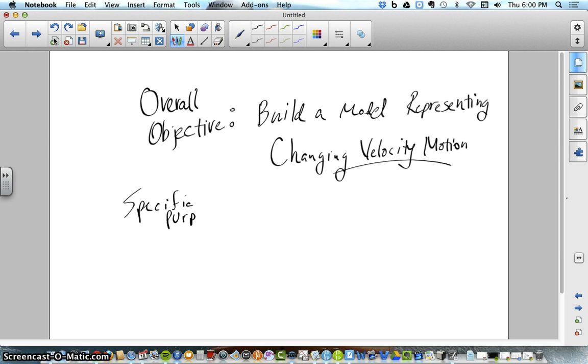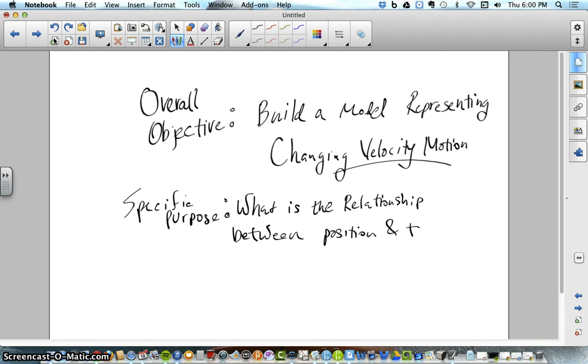And our specific purpose, our first one, was what is the relationship between position and time?